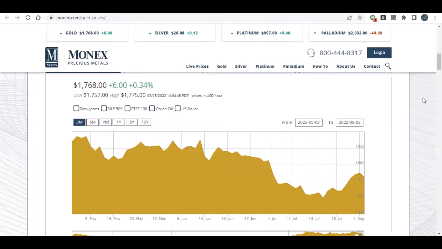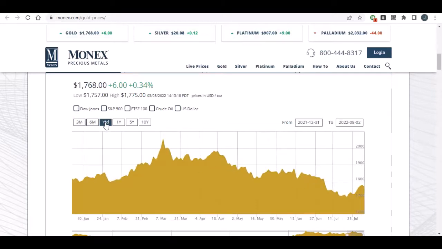Okay, so this website is monex.com, and we're on the gold prices. And as you can see here, it's given a price for the day plus 0.34% for the day. This is set to a 3-month time period at present. Let's have a look at the year to date.